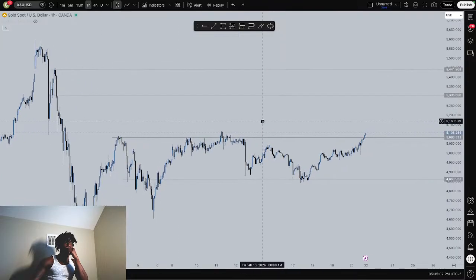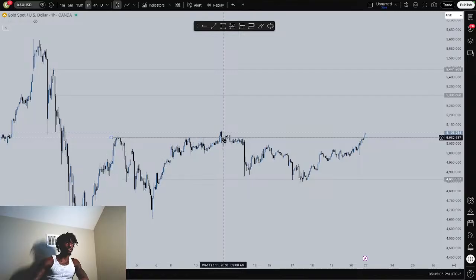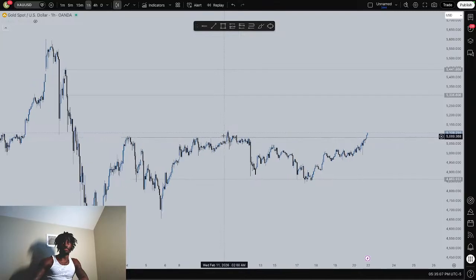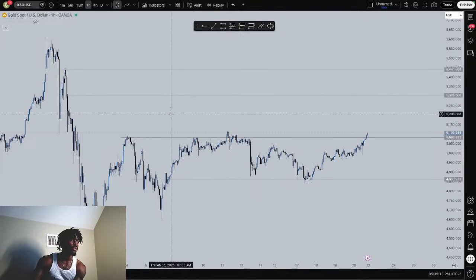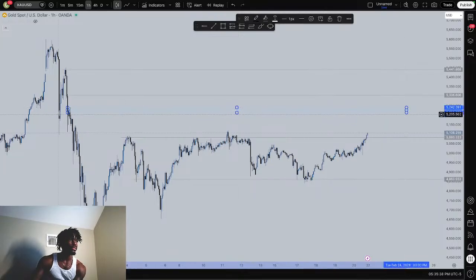So my main areas right now, as long as price maintains above 5100, then 5300 would be the main TP, and a minor area in between would be this previous high at 5200. I'll mark this off. It's this internal area right here, internal zone, because price held support and resistance here.